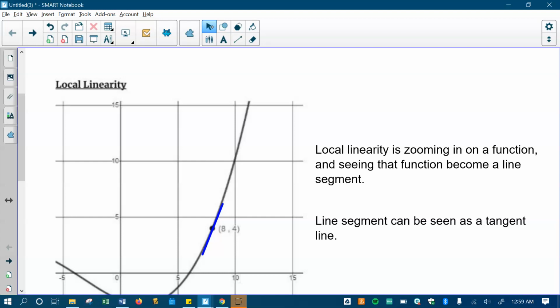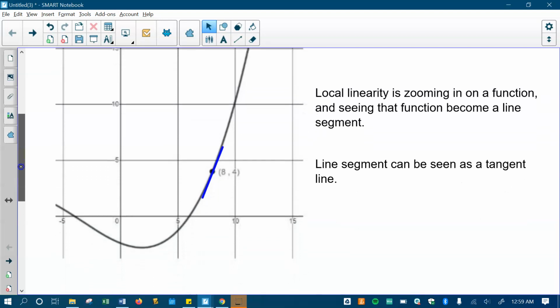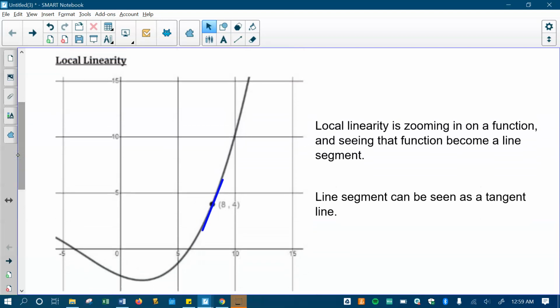I have my definition for local linearity here. Basically, when you have any kind of curve, any kind of function, and you zoom in on a particular point on that curve, it no longer looks like a curve, it looks like a straight line. That line is going to be called the tangent line, or the instantaneous slope.